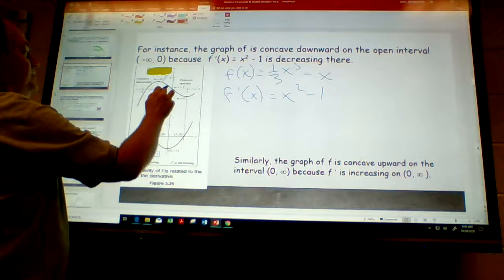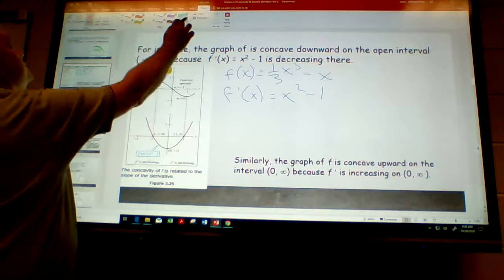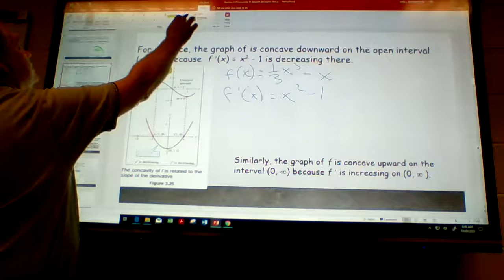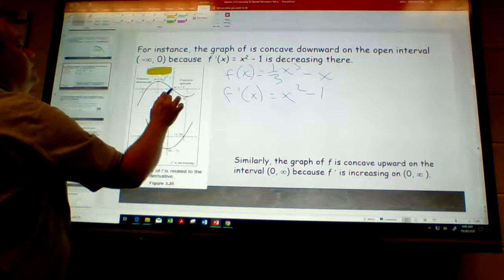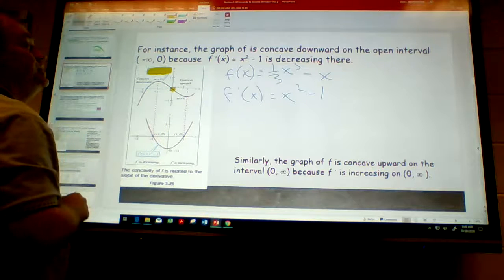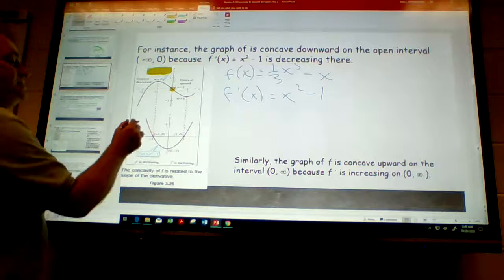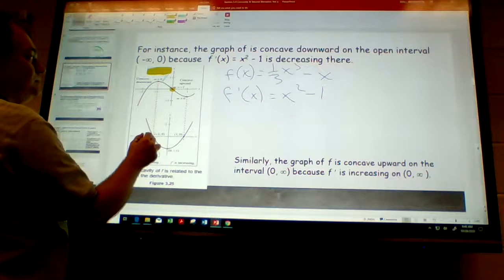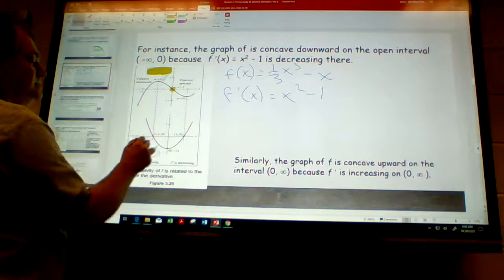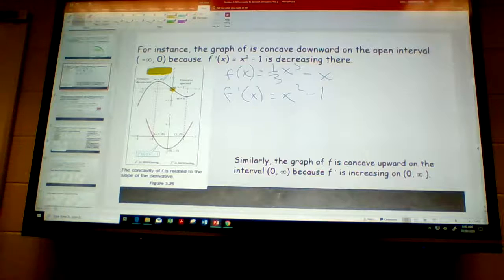It's still concave down right there. And then right there, at this change, it changes concavity. Now it's concave up. This is the derivative, or f prime of x.